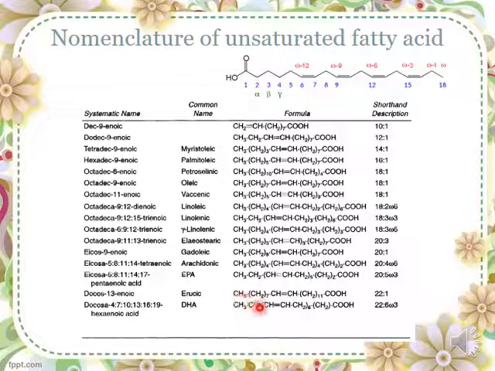So the number here, after the colon, indicates the number of double bonds. So like here, the following double bond is of course at omega 9. Here the first is at omega 3, second is omega 6, the third one is omega 9. And that's how you see the position of the double bond.